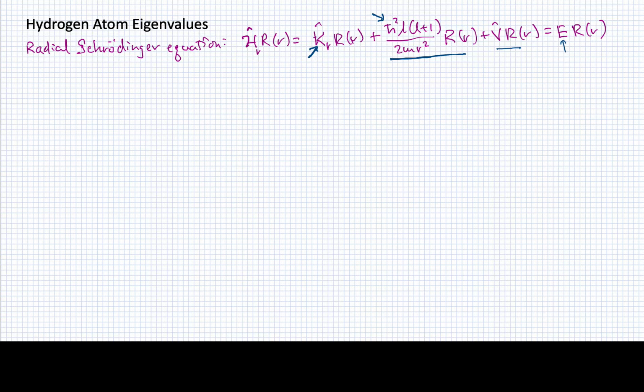Unsurprisingly, what one finds is that the energy levels that result from this equation have the following form. They're equal to minus mass times charge to the fourth divided by 32 pi squared epsilon squared, remember, that's the permittivity of the Coulomb interaction in a vacuum, h bar squared, times 1 over n squared.